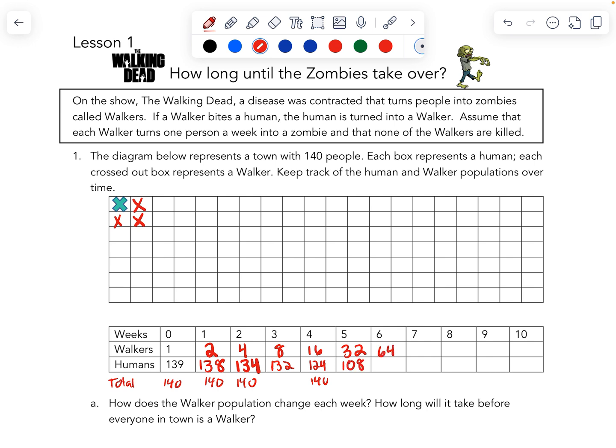Doubles again to 64, that would drop down to 76. Double this, 128, and that would leave only 12. If we double that again, 256, but we only have a total of 140. So really, we would max out right here, and they would all be zombies.